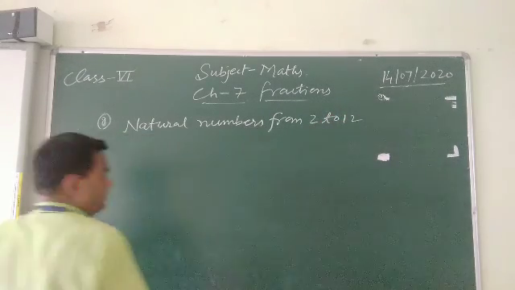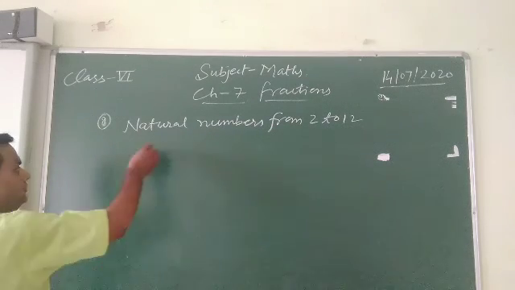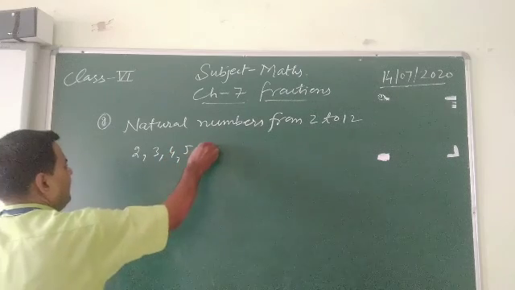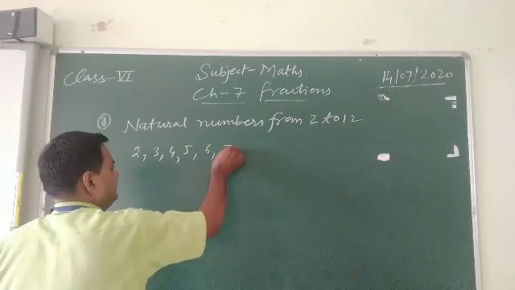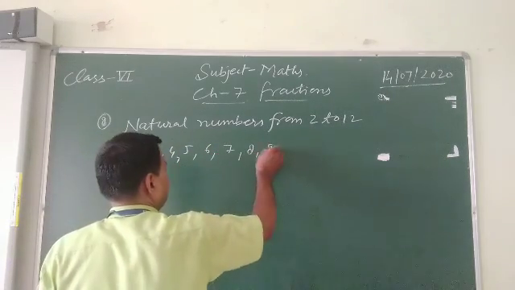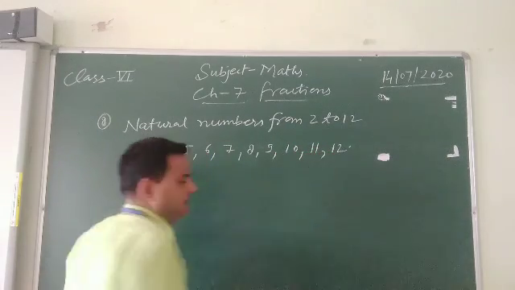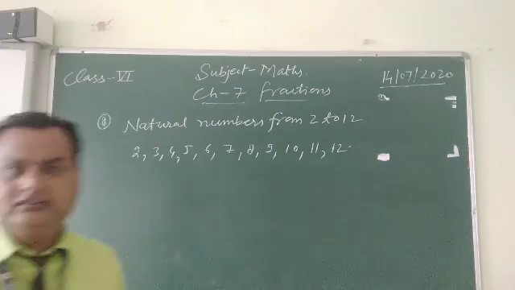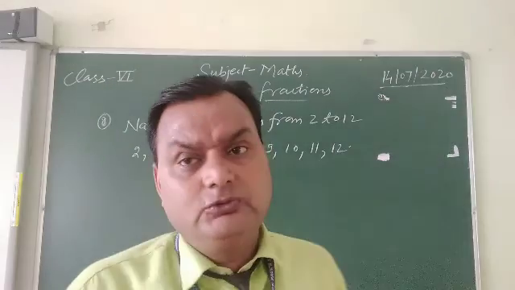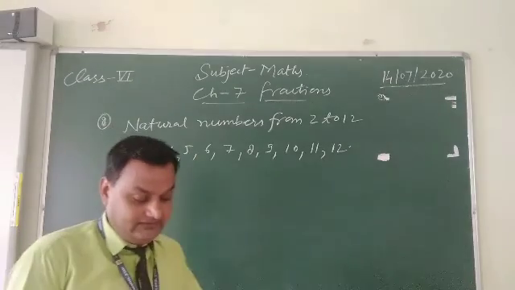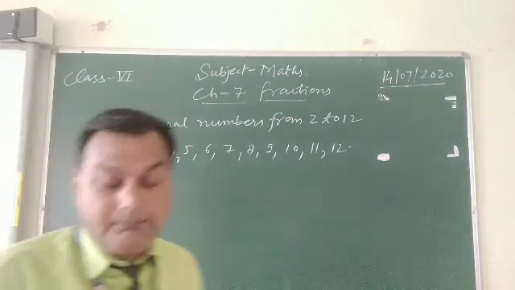So these natural numbers are 2, 3, 4, 5, 6, 7, 8, 9, 10, 11, and 12. These are the natural numbers from 2 to 12. And we have to find the fraction of the prime numbers.